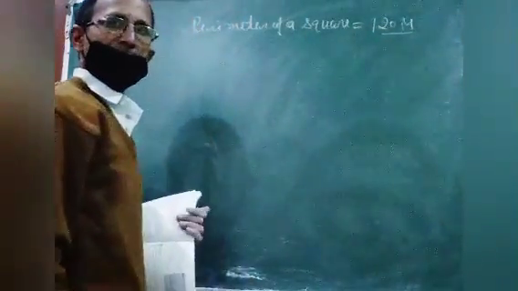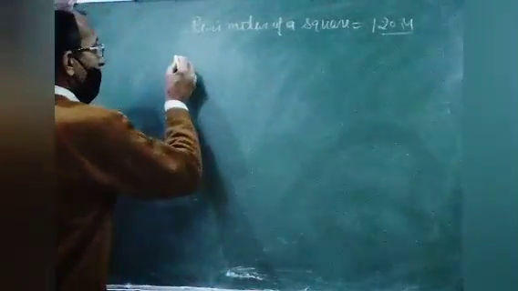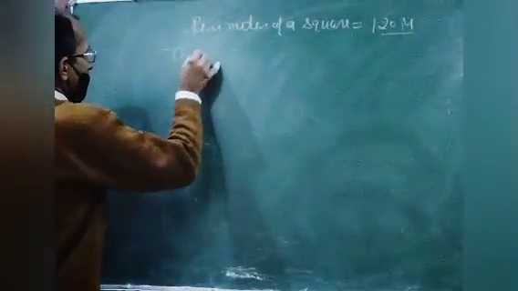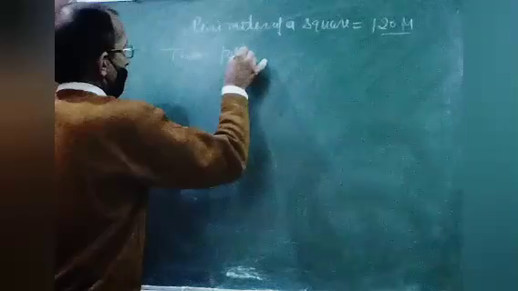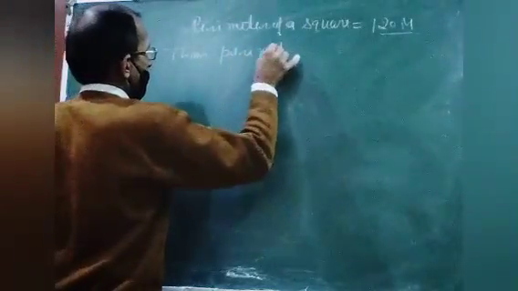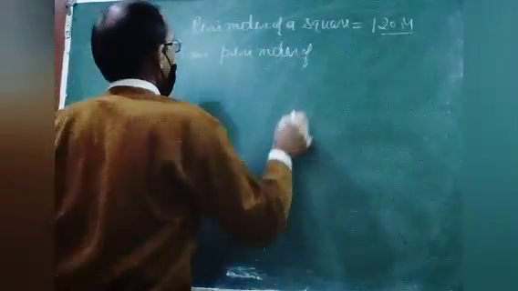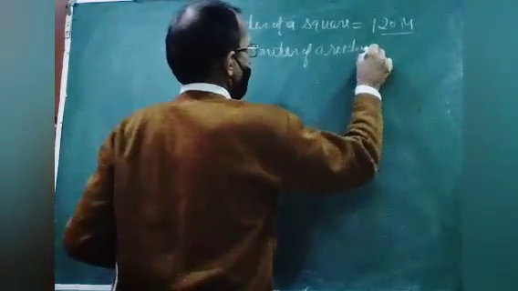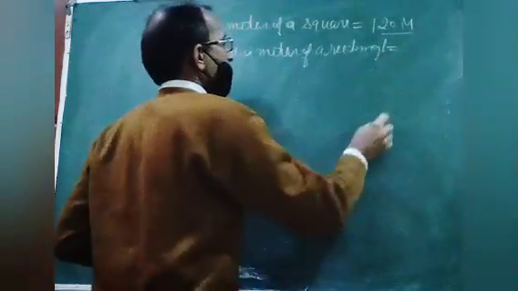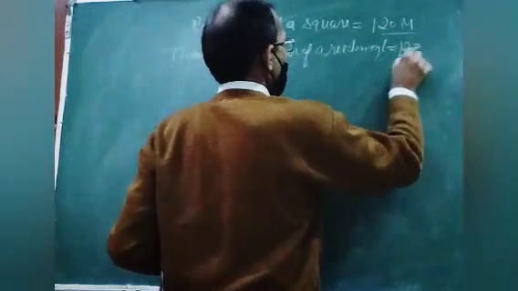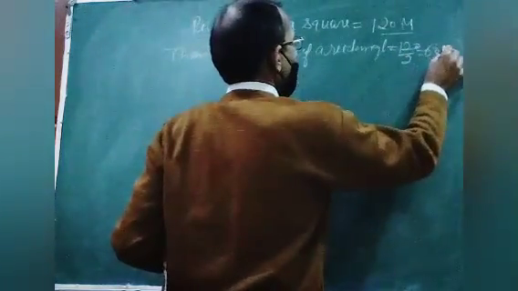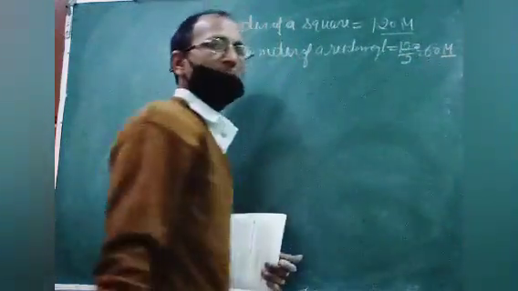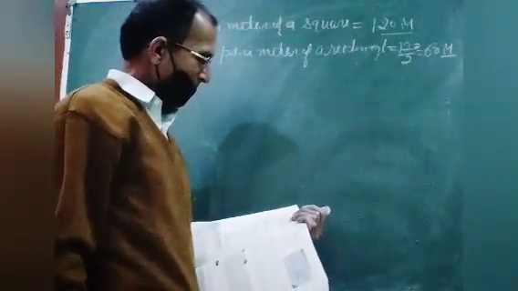Then the perimeter of a rectangle is equal to 120 by 2, 60 meter.